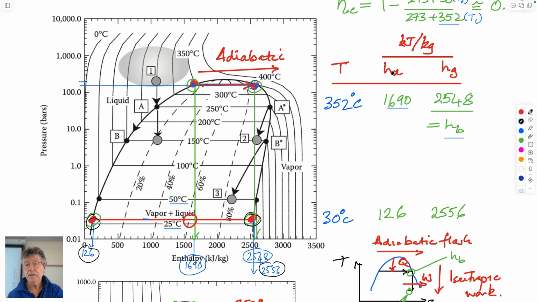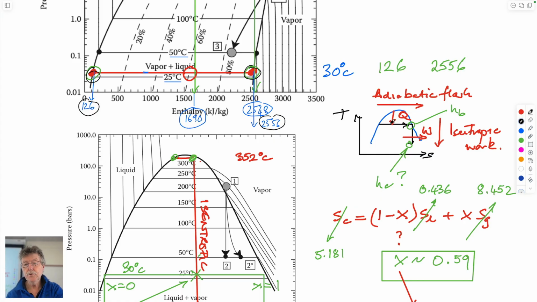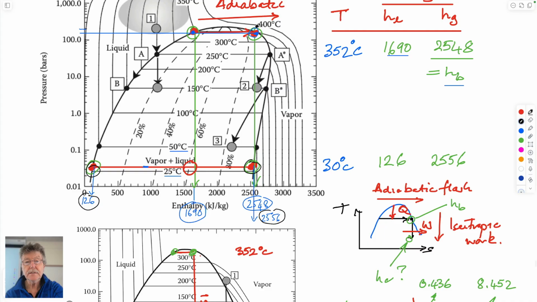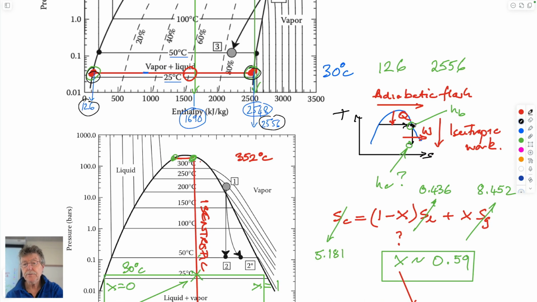So these are the enthalpies, liquid and steam, at these two different temperatures. That's all. And so what we're going to do is move from this point here, where we know it exists, and find out where we end up as we go down isentropically, so no change in the entropy of the system as we go down here.